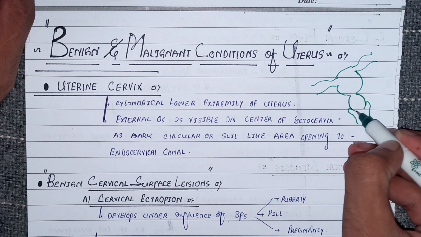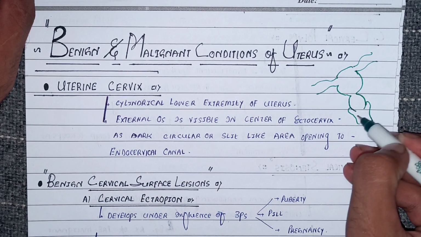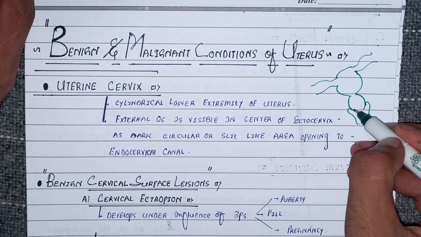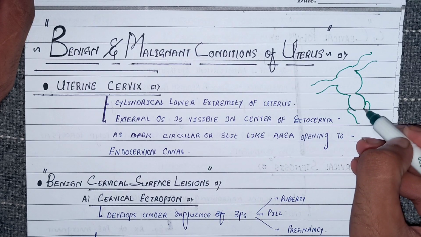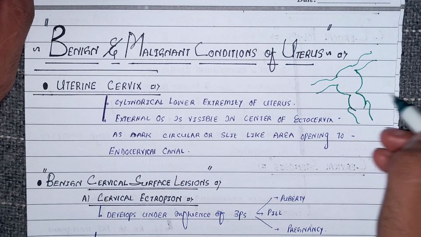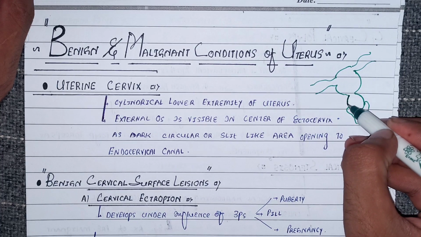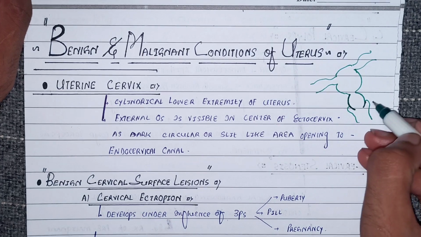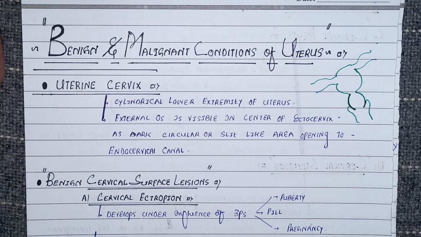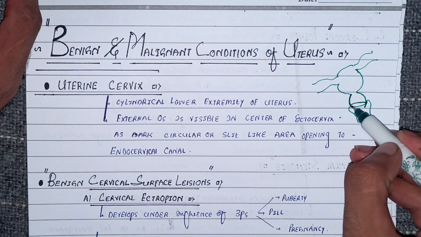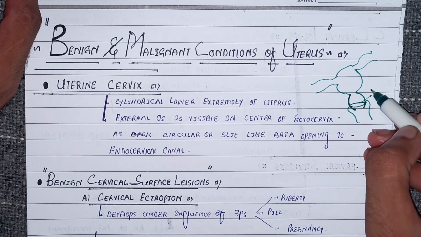So this part of the cervix is present in the vagina, and this is another part. We have divided the cervix into two parts, one part till here, one part right into the vagina. In between these two parts is the opening.